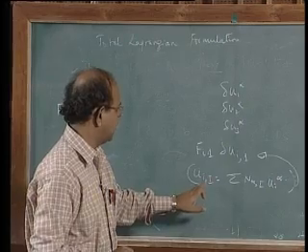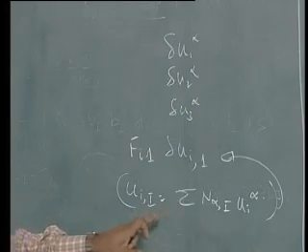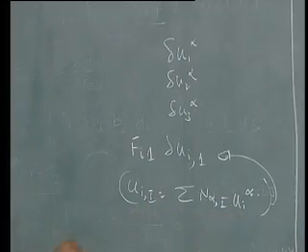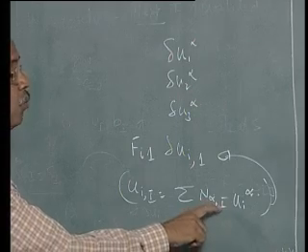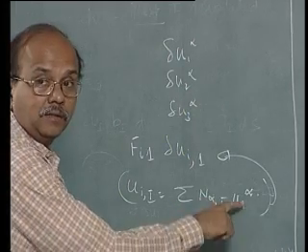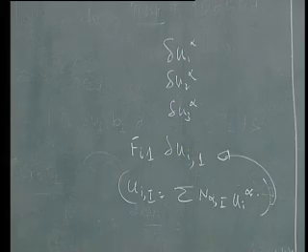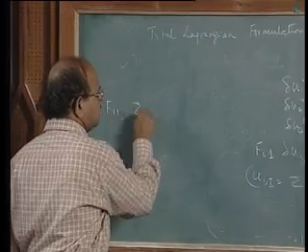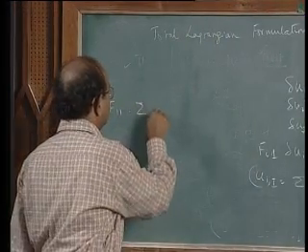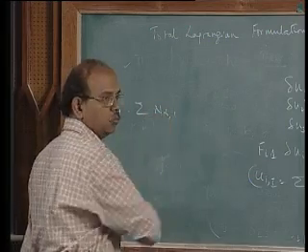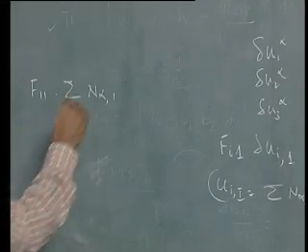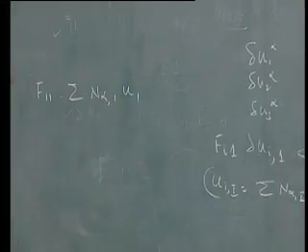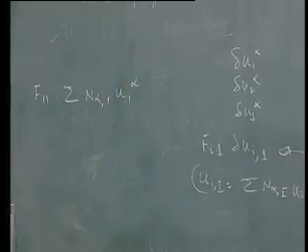So delta u11 will involve sigma of N alpha comma 1 u1 alpha.